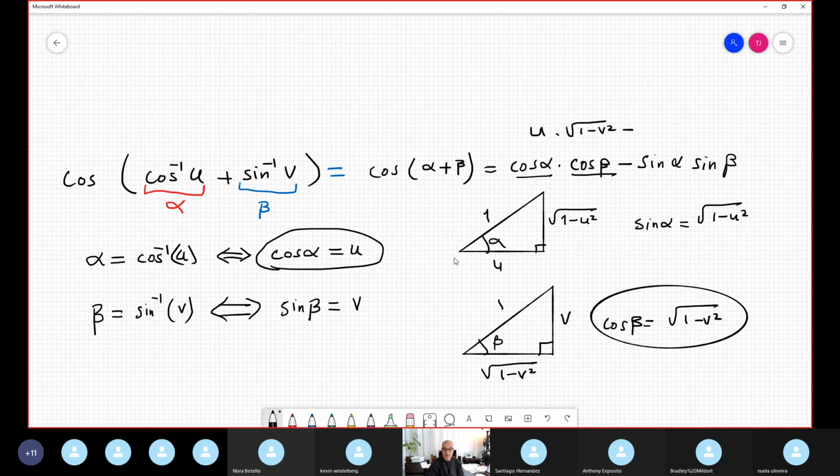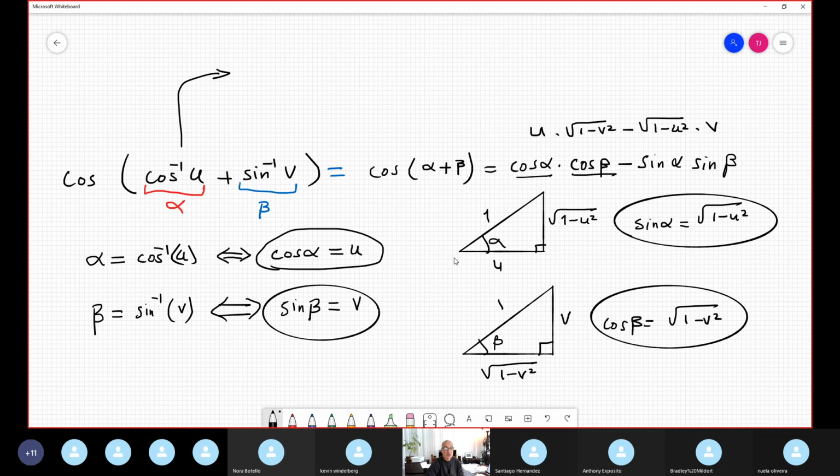Minus sine alpha is this, square root of 1 minus u squared. This is a u and this is a b. Don't confuse it. It's different. Times sine beta, que es b. Okay, if you want to put it more elegantly, this expression is equivalent to u times square root of 1 minus b squared, minus b times square root of 1 minus u squared. Boom. End of the story. Algebraic expression equivalent to trigonometric expression.